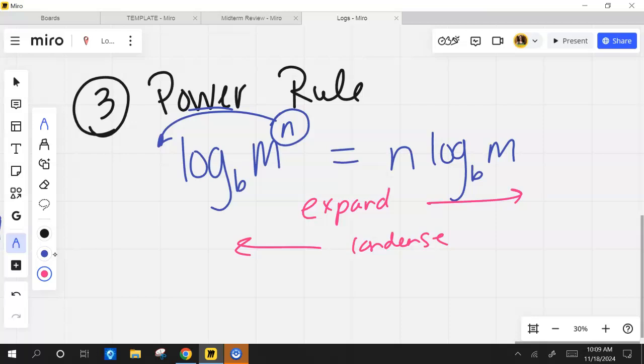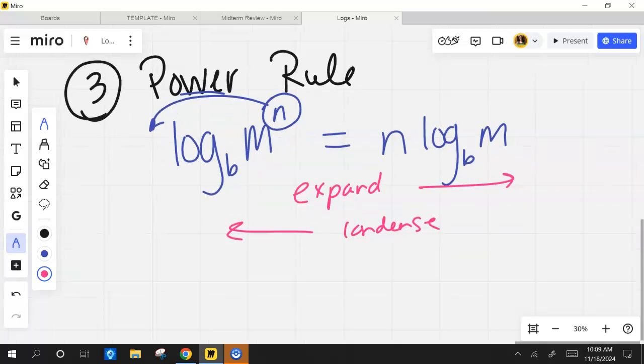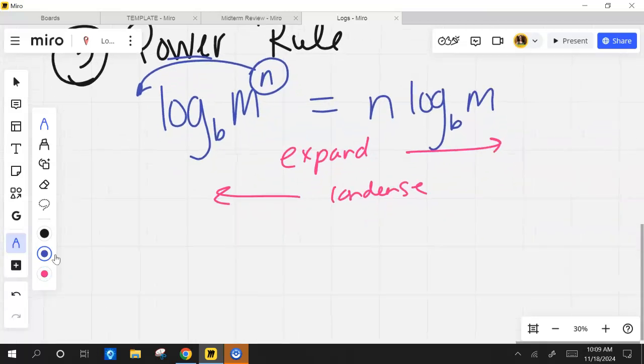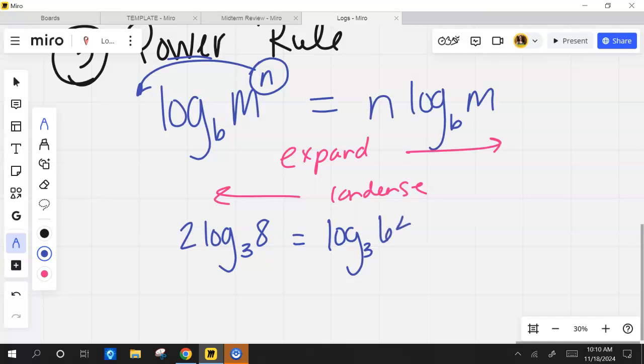Grayson, how might I condense this one? 2 times log base 3 of 8. Condense it. Well, let's see. The 8 goes back there. The 3 stays a 3.